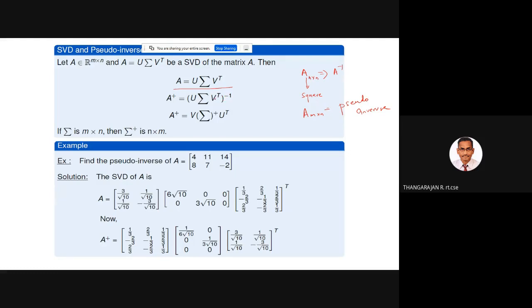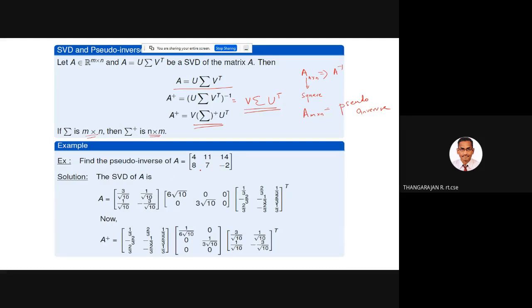When you open this, the inverse operation of V transpose makes it V, and sigma remains sigma because sigma is diagonal, so the inverse and the original matrix are the same. And when you apply inverse to U, U becomes U transpose. So that's what you get here. The only thing is that the dimension has changed: m cross n has now become n cross m. That's all.